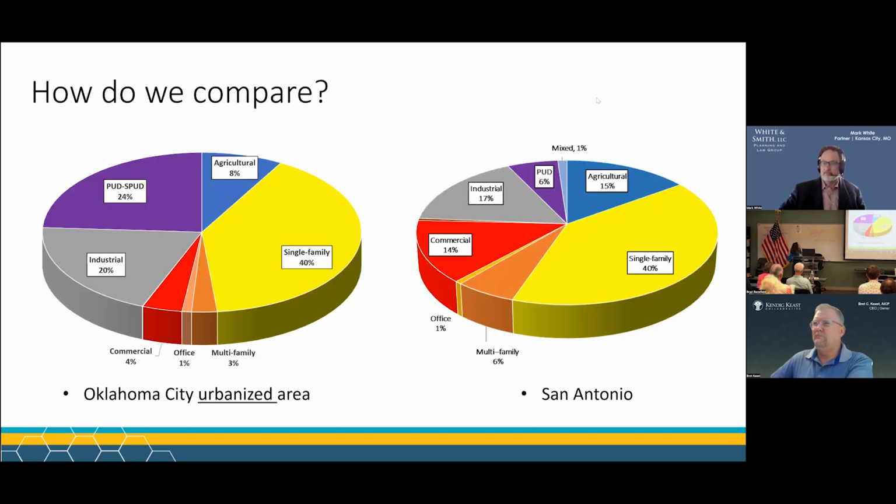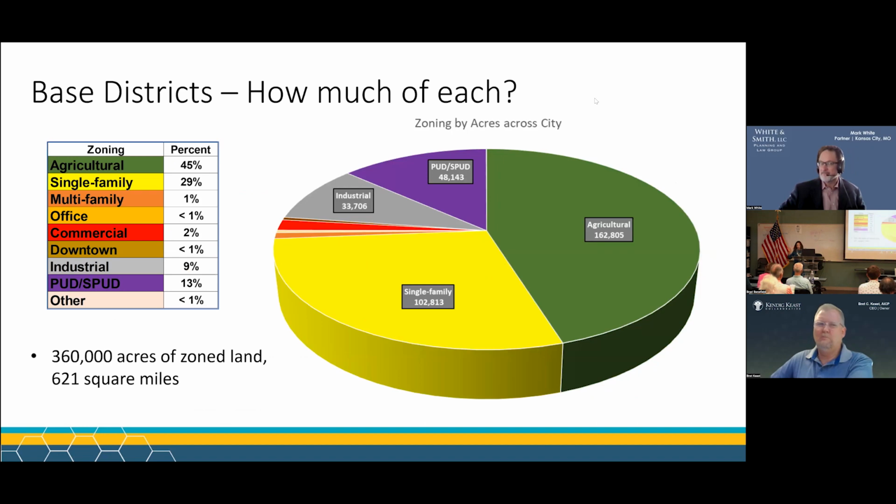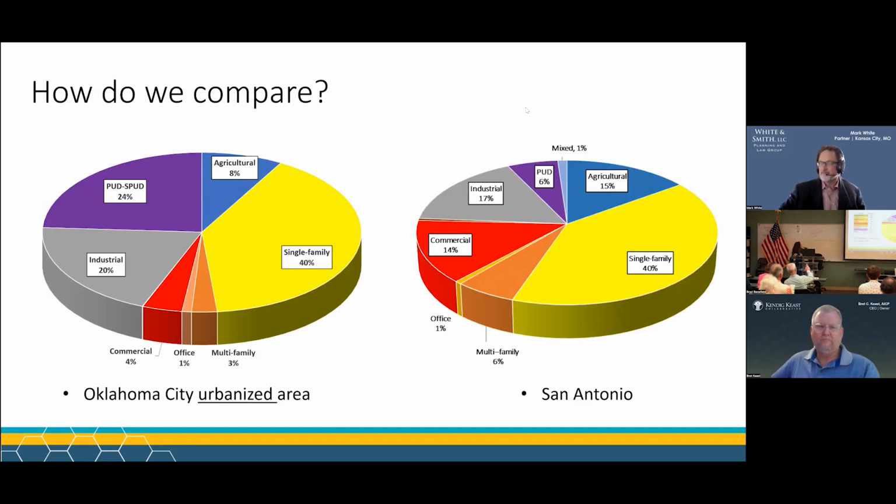Good point. So if we take out all the rural areas and talk about the urbanized area, the next slide, Mark. How do we compare with other cities? Are we normal, or are we not normal? And you can see we're pretty normal. Not counting the rural areas, we are 40% single family, and San Antonio's pretty similar.